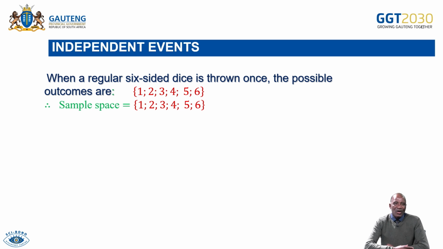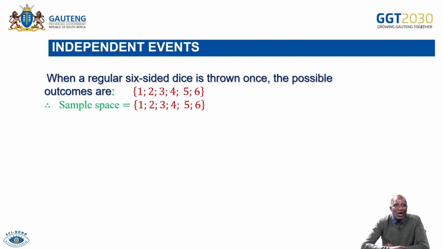Right. Alternatively, what are we saying here? Let's look at one device or item at a time. In this case, I'm going to focus on the 6-sided dice, which is thrown only once. We want to see what are the possible outcomes individually.